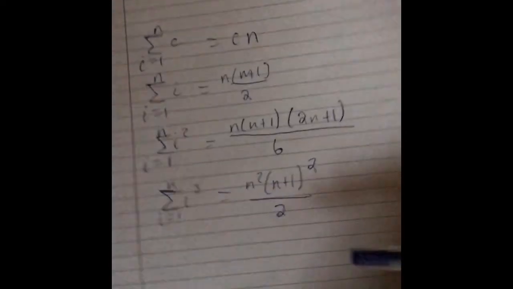So, for time's sake, I am going to use an example that somewhat requires all of these rules to be used. And we're going to use the sigma, with an n of 5, i is equal to 1, of i squared plus 8i minus 2.